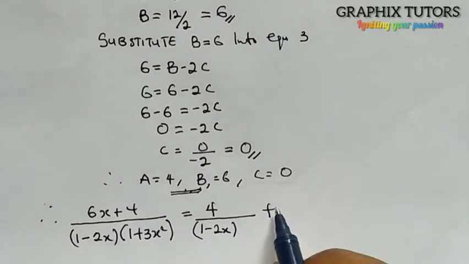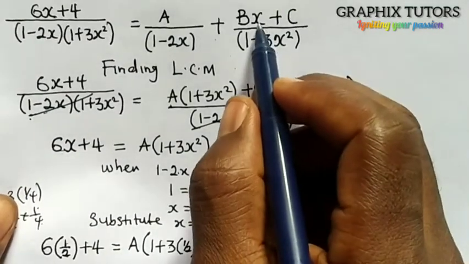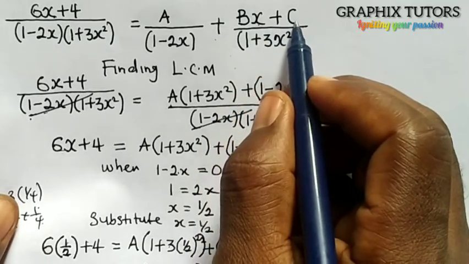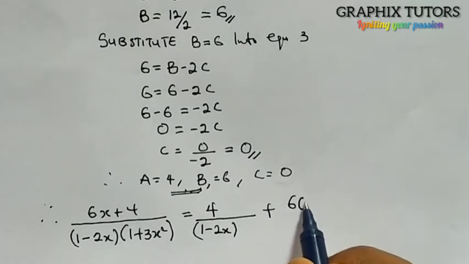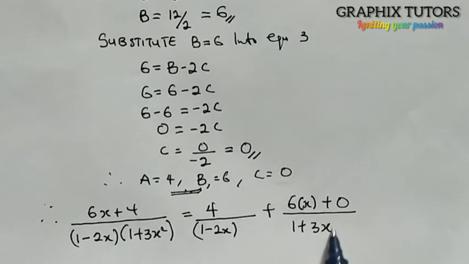plus bx plus c. What is bx? B is 6, so 6x, plus c is 0. So we'll be having 6 into brackets x plus c is 0. Everything all over 1 plus 3x squared. Are we good?